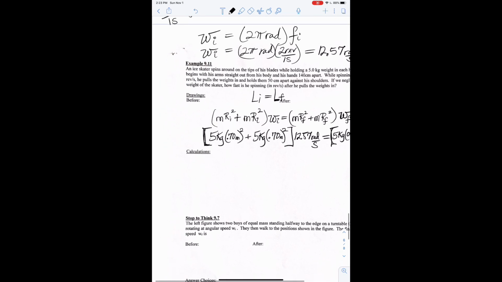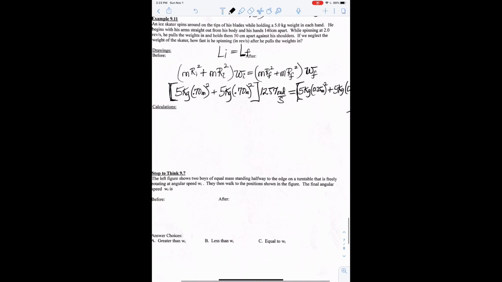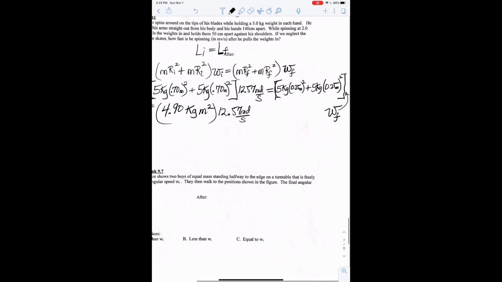I have some of this already done. Turns out this is 4.90, and we'll just multiply this by 12.57. And over here, we have that this is 0.625 kg meters squared times omega f.